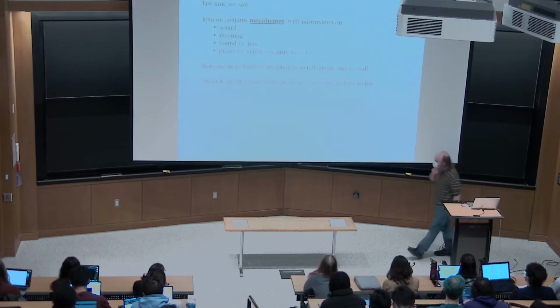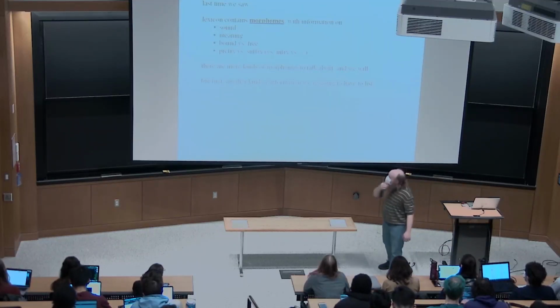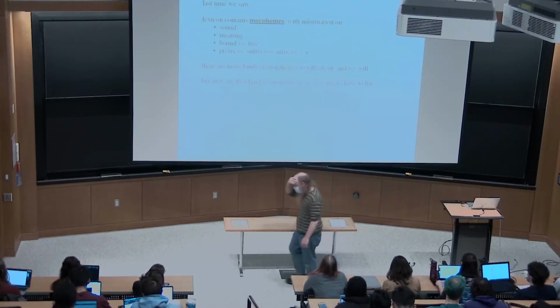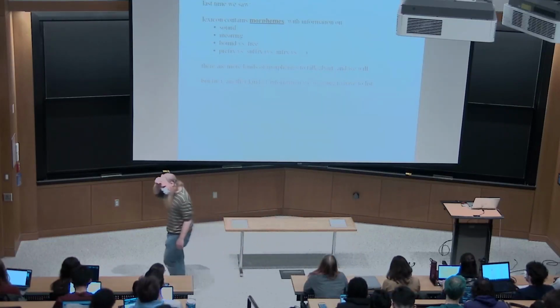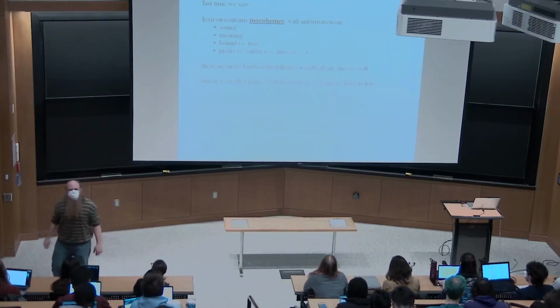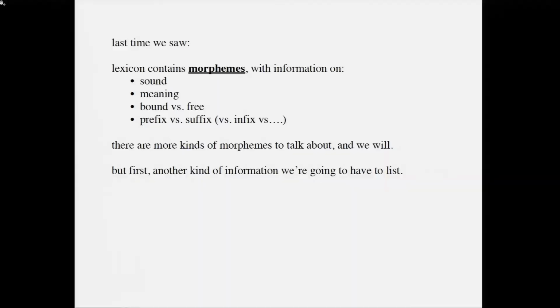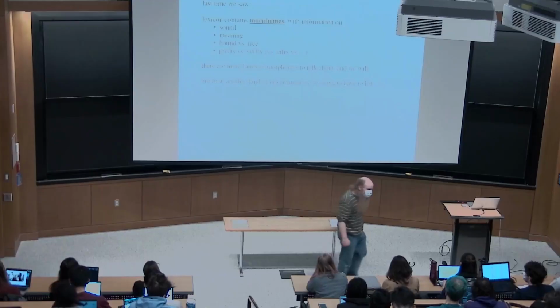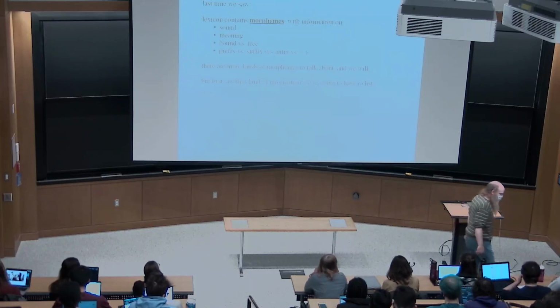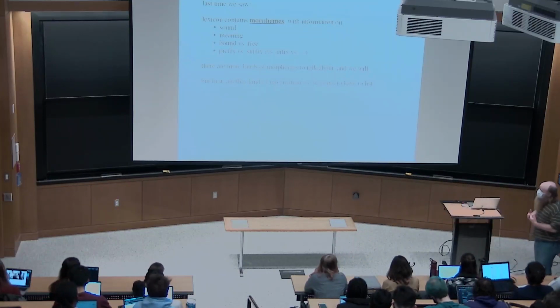Last time I was trying to get you to believe that it's worth trying to think about the representations you have in your mind of what you can do with your native language. If we're trying to think about that, it's useful to think that your mental list of basic elements of your language consists maybe of a list of morphemes, where morphemes are units that can combine in various ways, as we've seen.